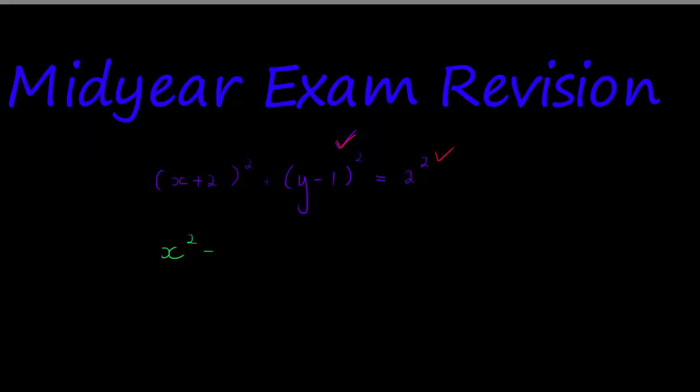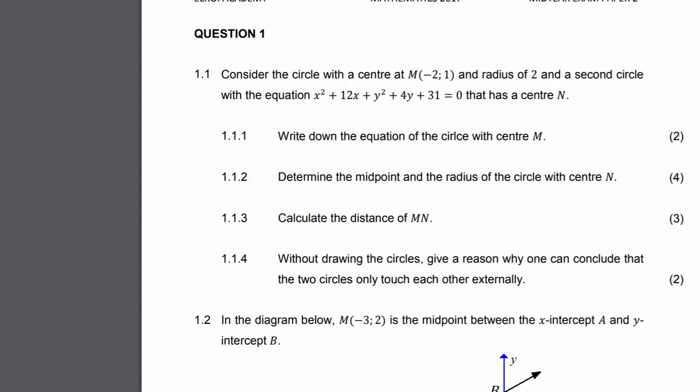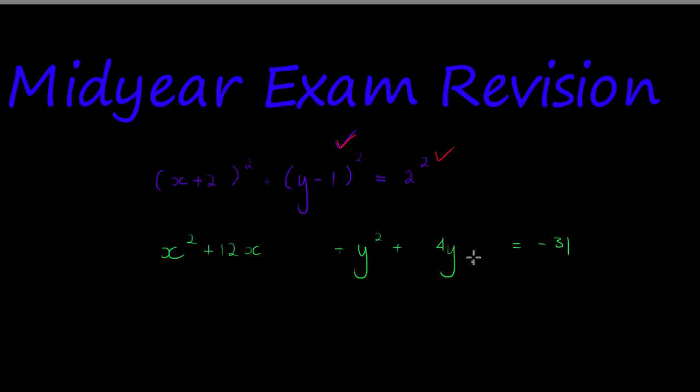So that's x squared plus 12x plus y squared plus 4y plus 31 is equal to negative 31. Basically all I did was rewrite this with the constant on the other side. The reason I do that is because in order to get it into this format, I need to complete the square.